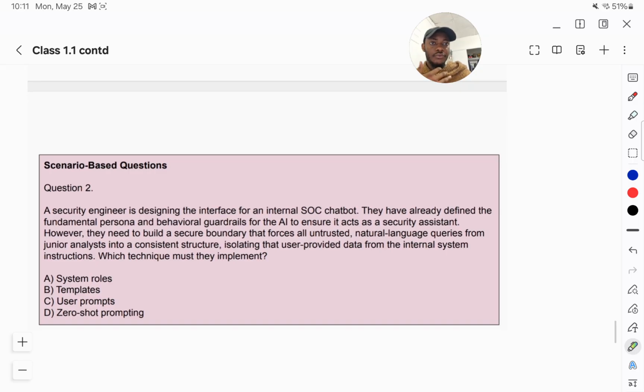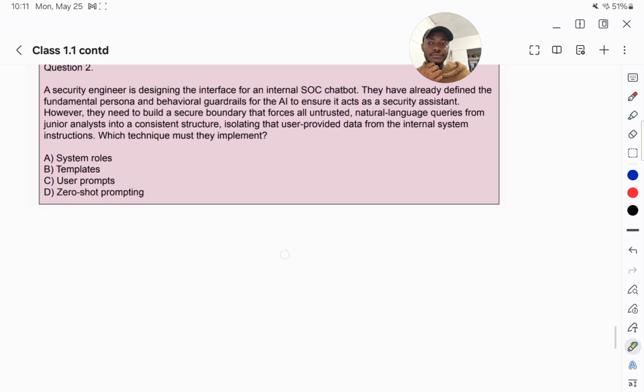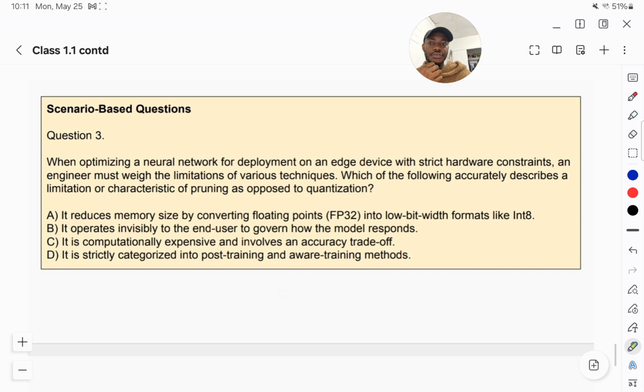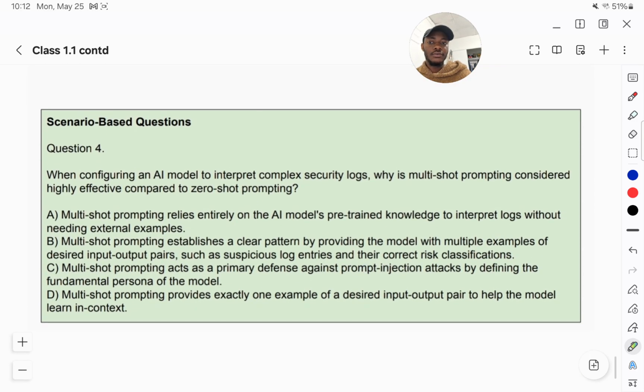Also, go ahead, read the question, understand the context, and make a choice from A to D. And then this is question three, right? Also feel free to pause the video and have a look at this question. And then this is question four. Also feel free to pause the video, read the question, understand what is contextually being asked, and provide your answer.